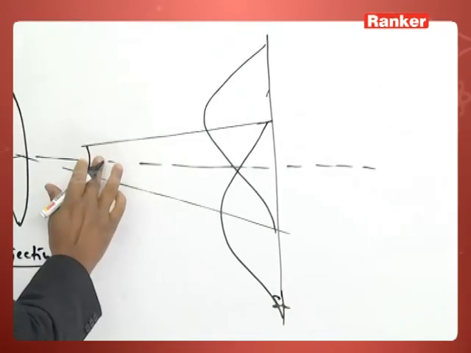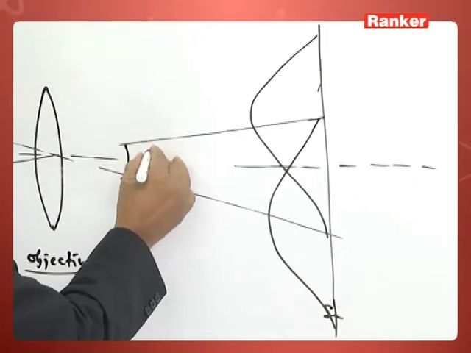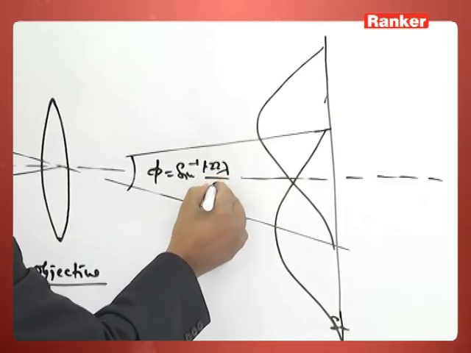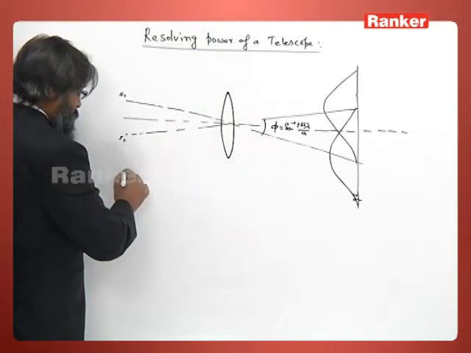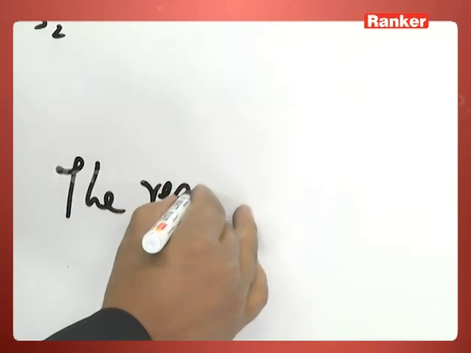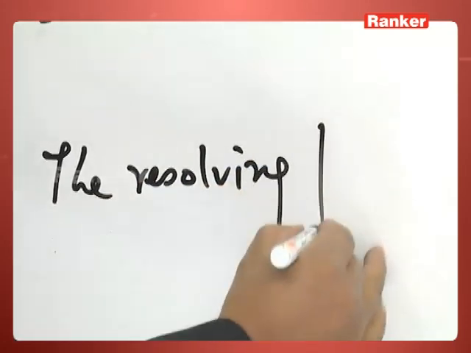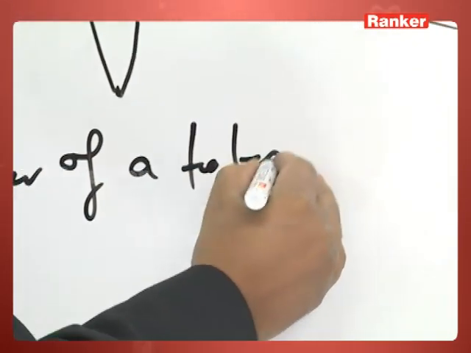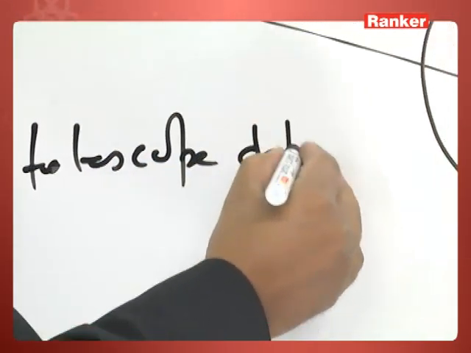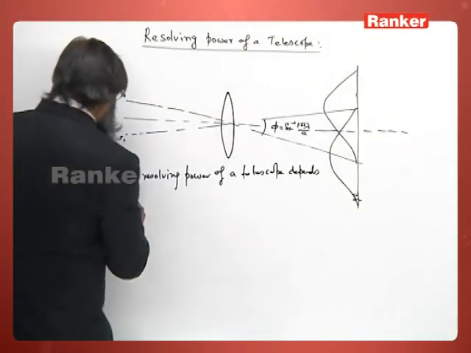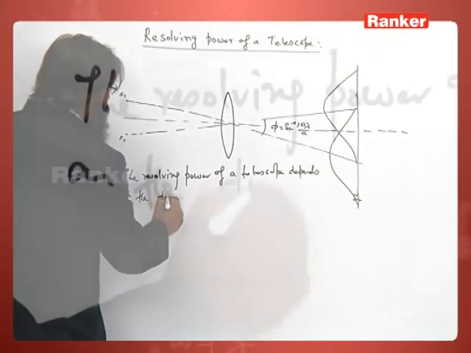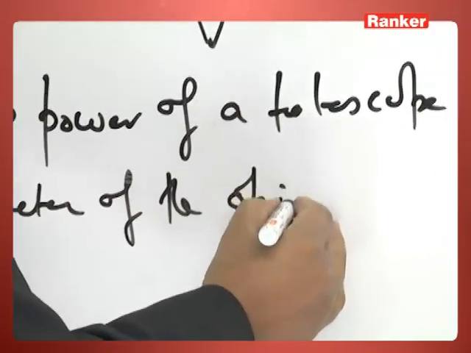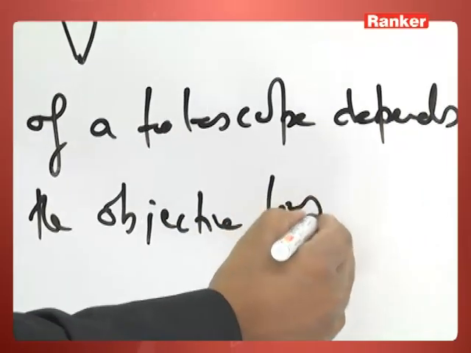So this angle will be given by phi is equal to sine inverse 1.22 lambda by A. Now, the resolving power of a telescope depends on the diameter of the objective lens.